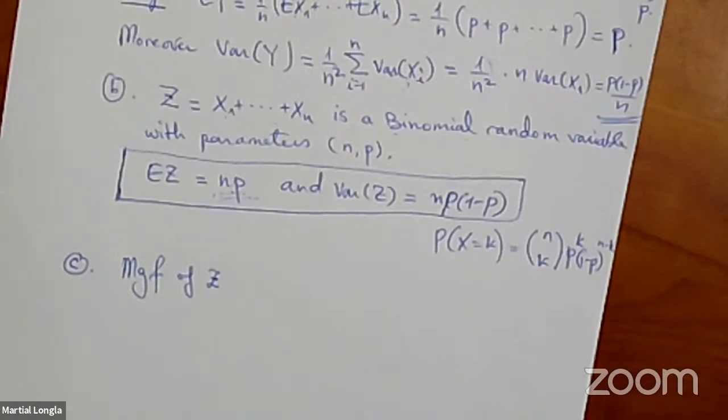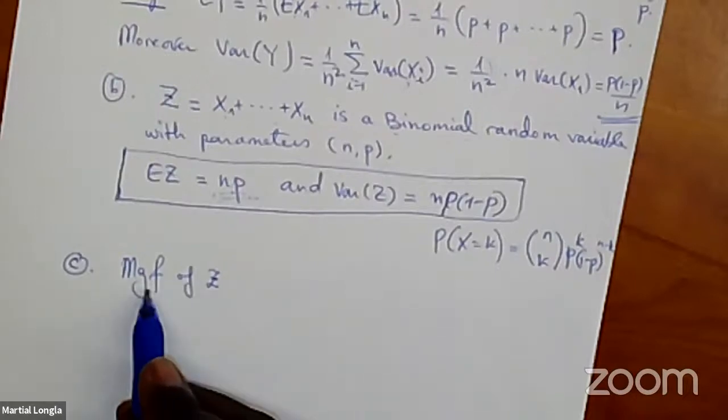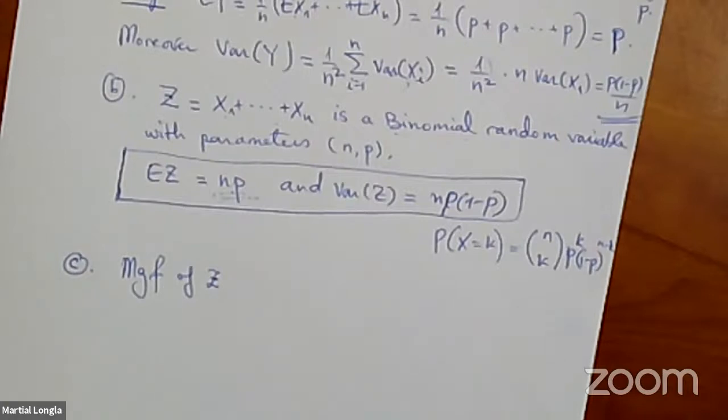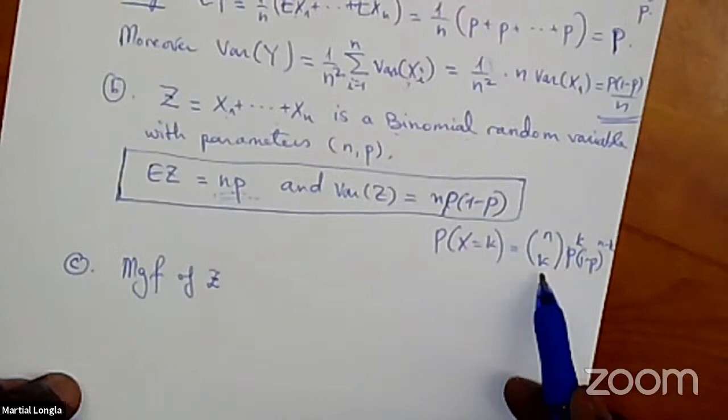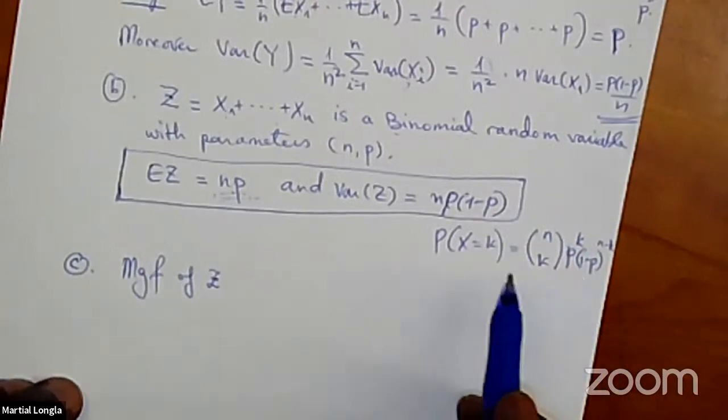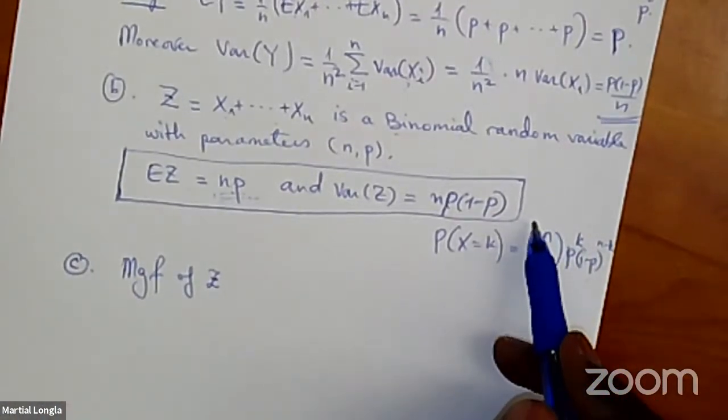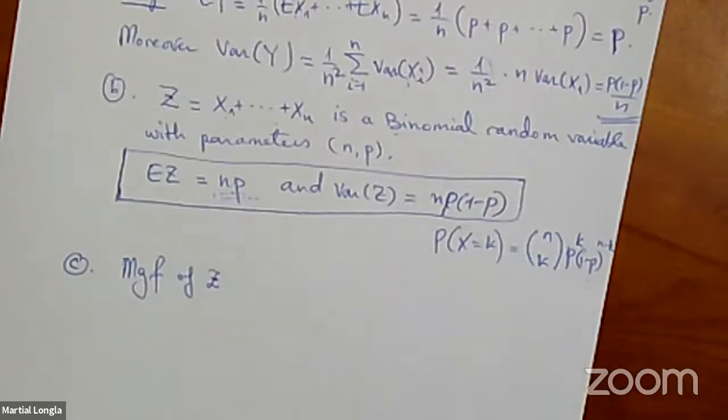We have computed the moment generating function of the Bernoulli, right? It's just two values, 0 and 1. If I want to find the moment generating function of the binomial, you take the probability times e to the t times the value, and you add that over k from 0 to n. That's the definition the good student will use.